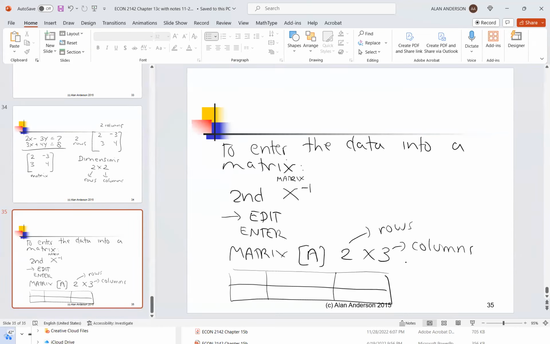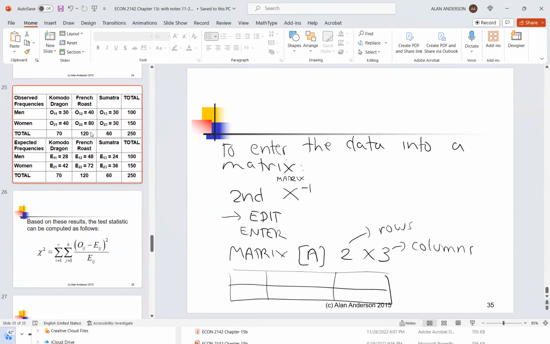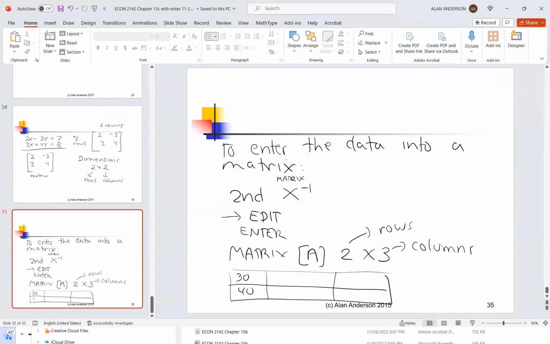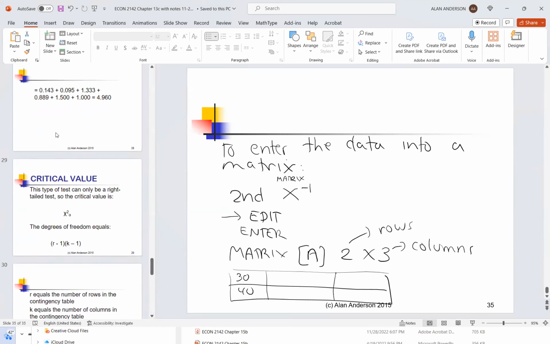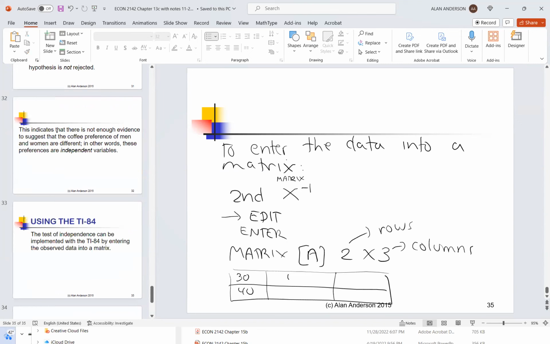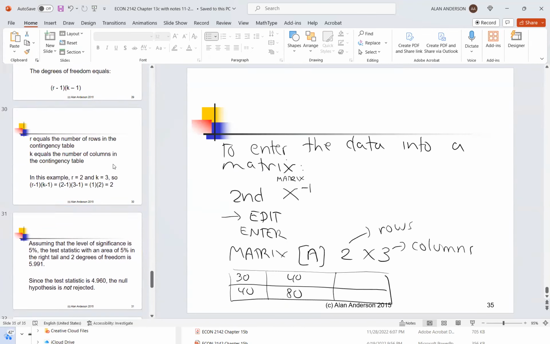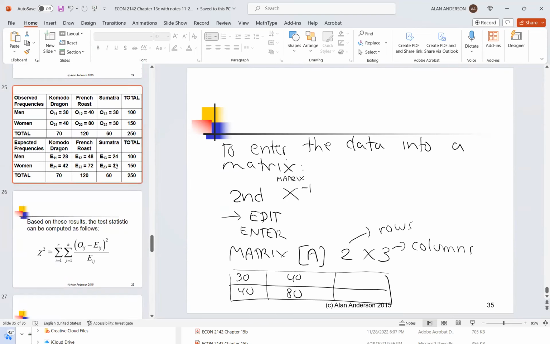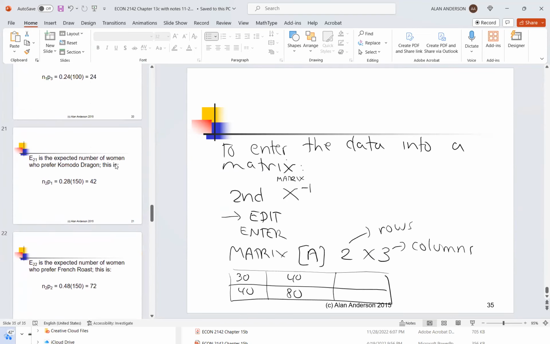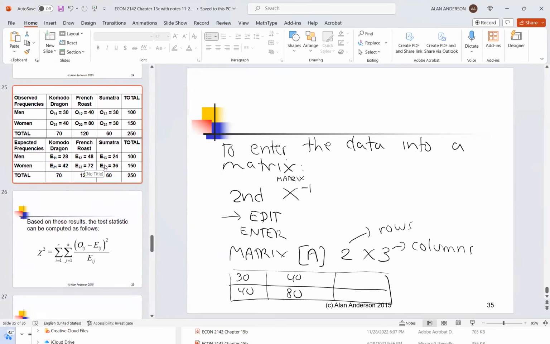I don't want to keep scrolling back and forth. Oh, here we go. It's 30, 40. 40, 80. And here it is, 30, 30.